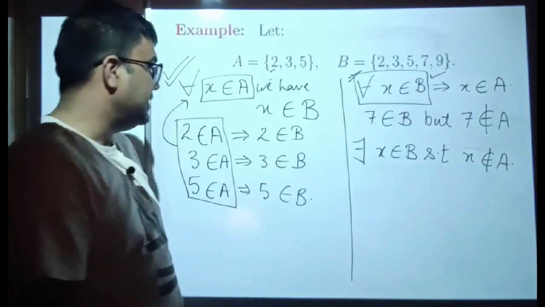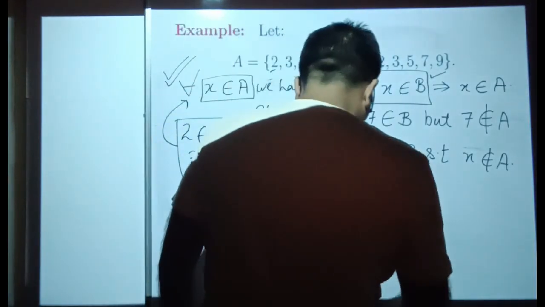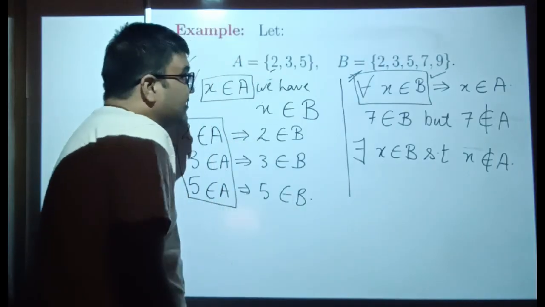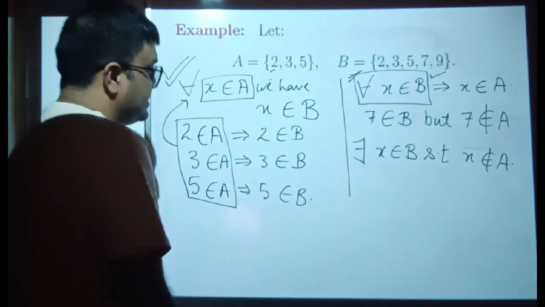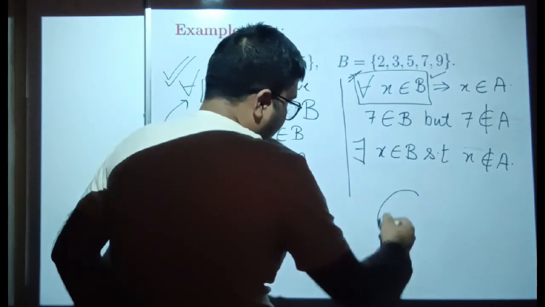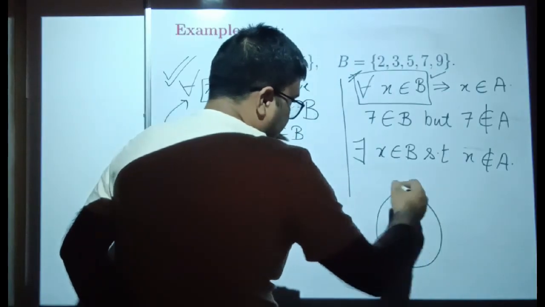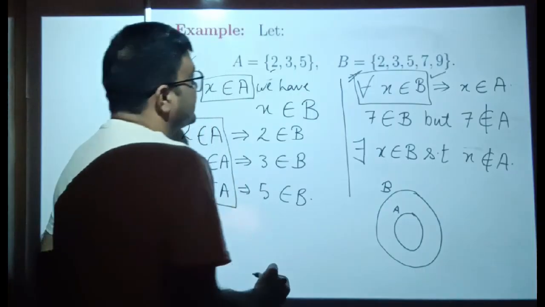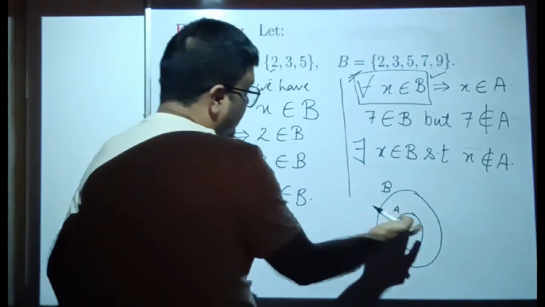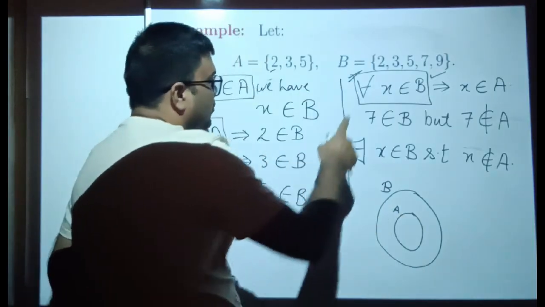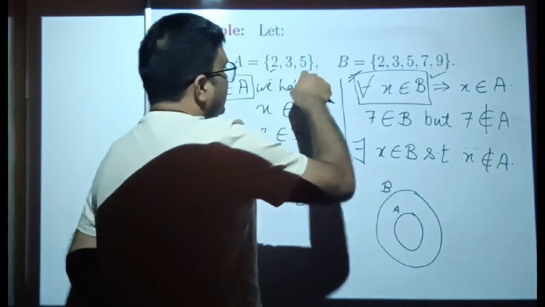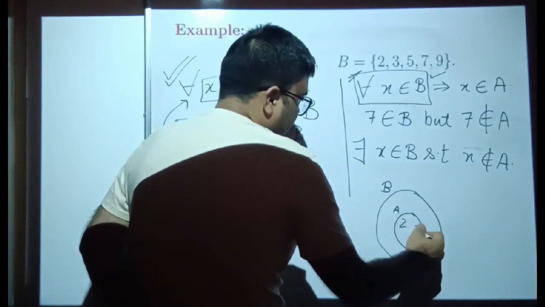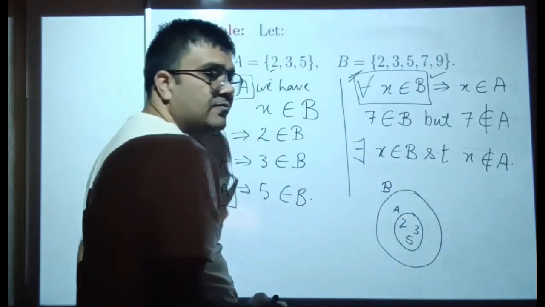Another thing that we get from this example: if I try to represent these 2 sets using circles, this is the set B and this is the set A. Why am I drawing this circle inside it? Look over here. A has elements 2, 3 and 5.